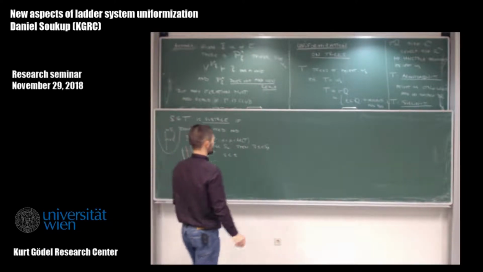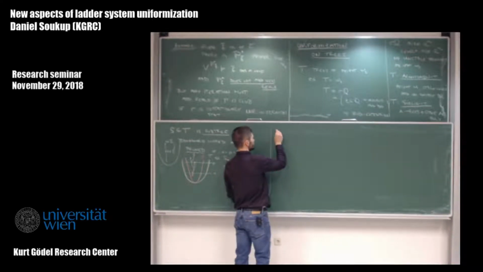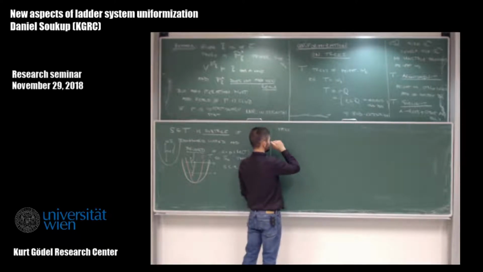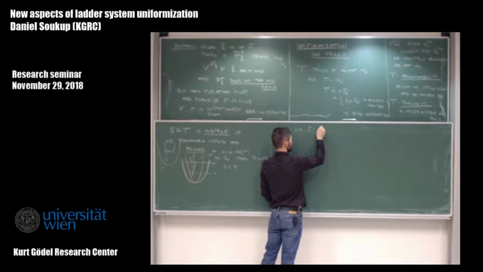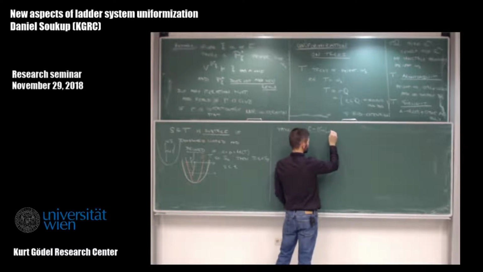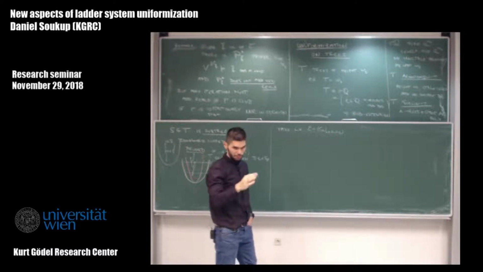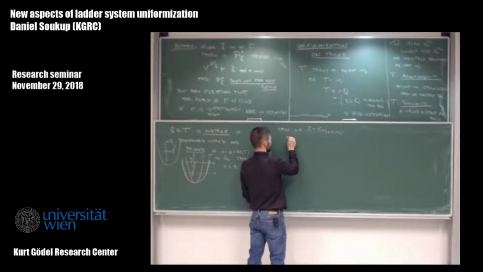Okay, so now we're ready for the main definition. So again, take the usual ladder system on omega 1, C. Let's say it's on all the limit ordinals. We're only going to be interested in ladder systems on everywhere or on a club subset. And take a coloring.